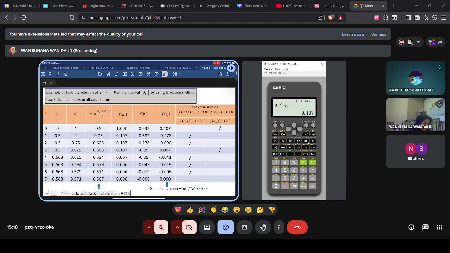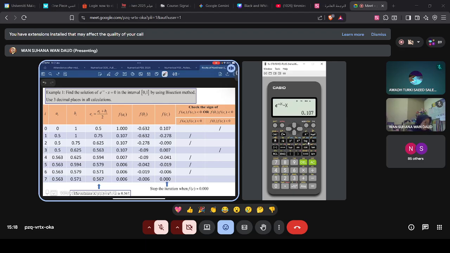In this case, if you read the question, there is no additional condition given, meaning that you have to find the solution until f(x) equals 0. Initially you have the interval 0, 1. To continue your iteration, you have to have a new interval.